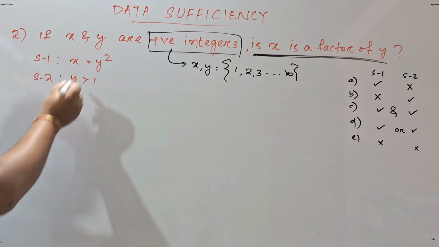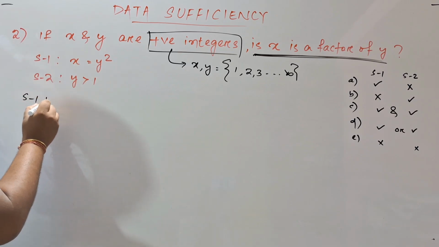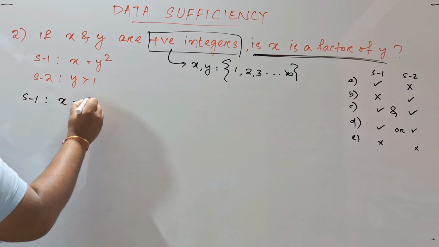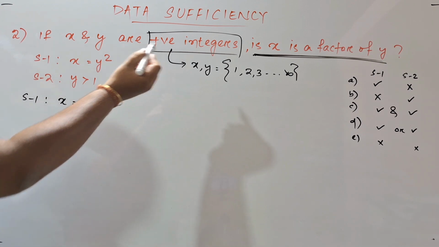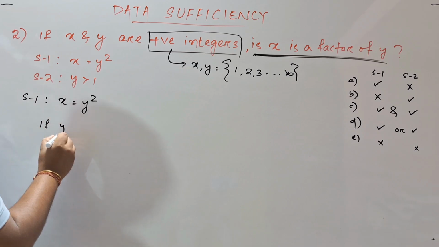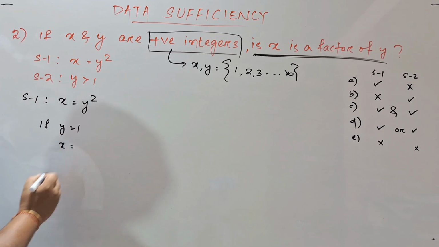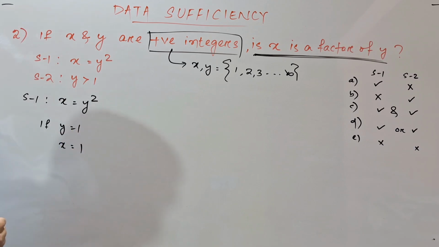First I will evaluate statement 1. What is given? Here x is equal to y square, and the values of x and y are positive integers. If I put y equal to 1, then x is equal to 1 square, which is 1.